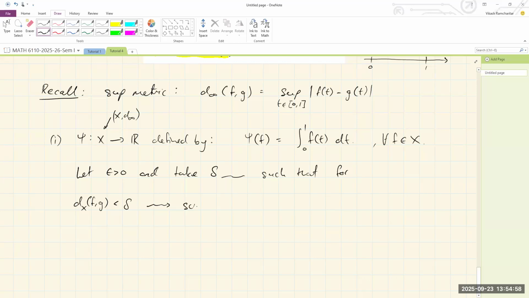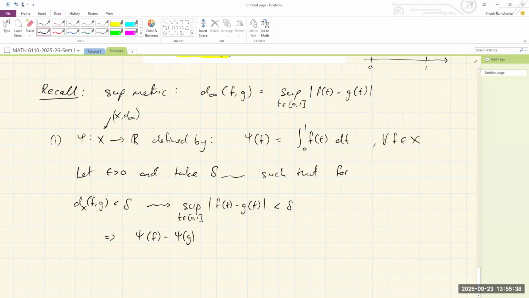So that means that the supremum of the modulus of f of t minus g of t, where t belongs to the closed interval 0, 1, is less than delta. Okay, this implies now I need to work out what the distance between the images of these points is. So I need to work out the distance between psi of f and psi of g.